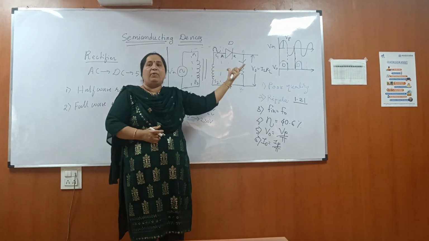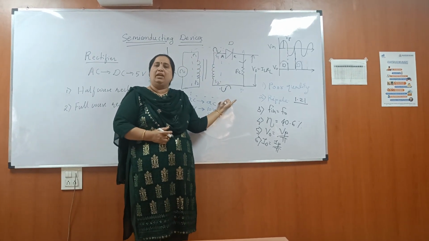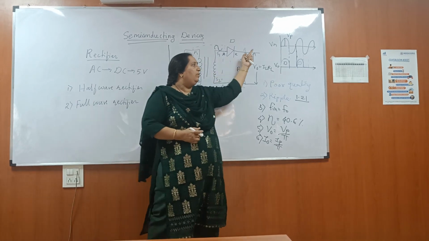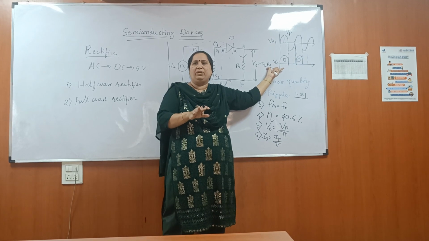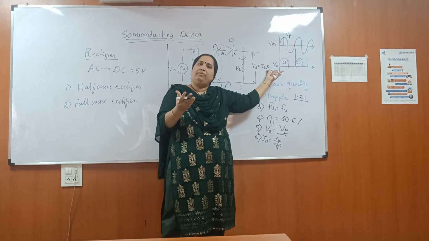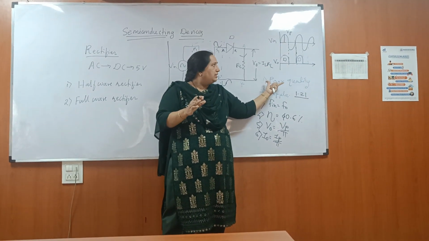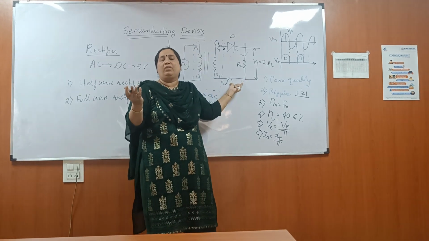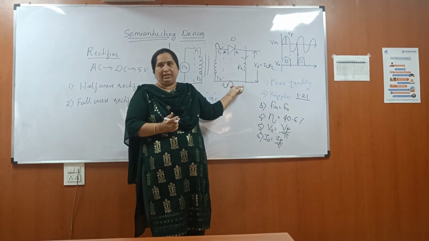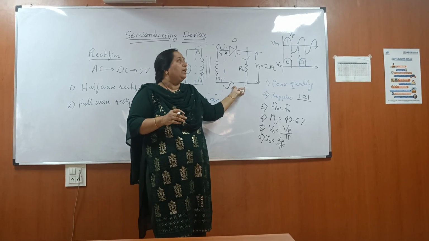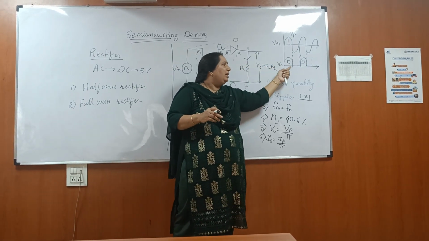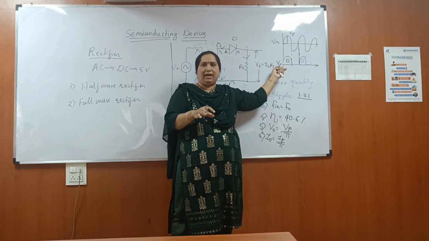So this is about the half-wave rectifier, in which the full wave of input is given, only half wave is converted into DC, so it is known as a half-wave rectifier. This circuit does not give pure quality DC. It gives poor quality DC because it is not pure DC, it contains some AC part.